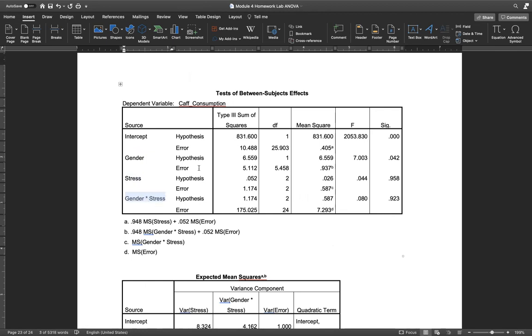They're gender times stress. And so here we have that our F stat is 7.03, and it is significant at the 0.042, so that's less than 0.05. Stress, however, is not significant, nor is the interaction of stress. So the only one that's significant is gender.